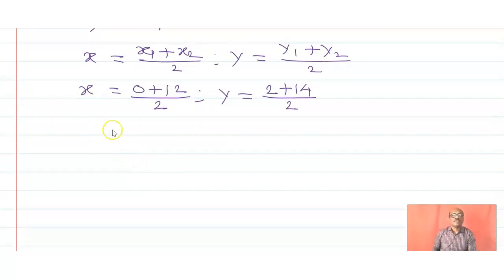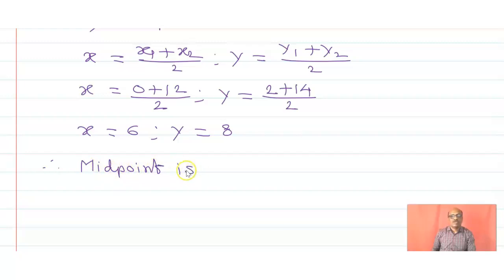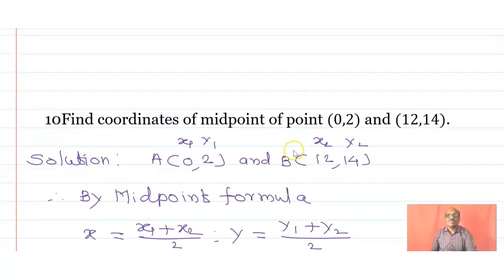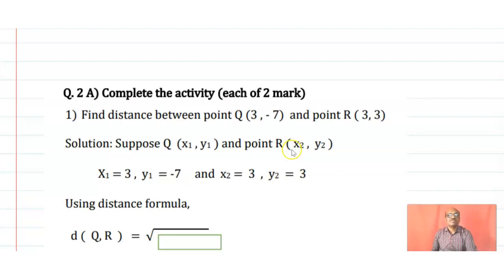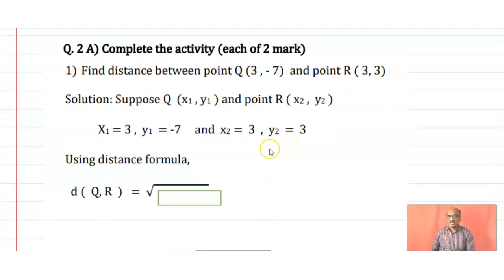Here you will get x is equal to 6 and here 14 plus 2 that is 16 upon 2, 8. Therefore the midpoint is (6, 8). Okay, this is the midpoint. And in this way we have completed question number 1.